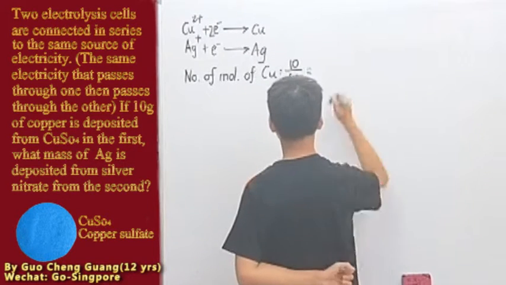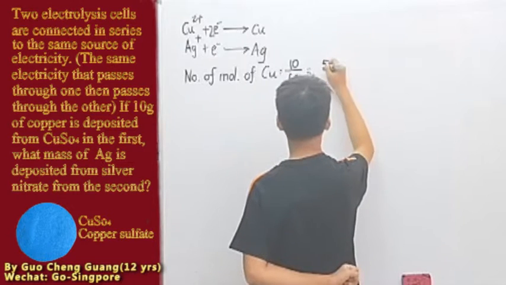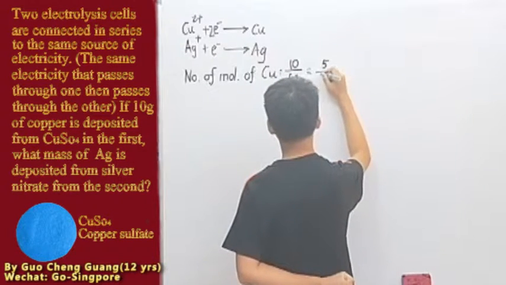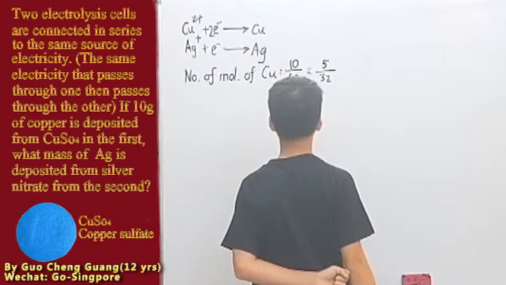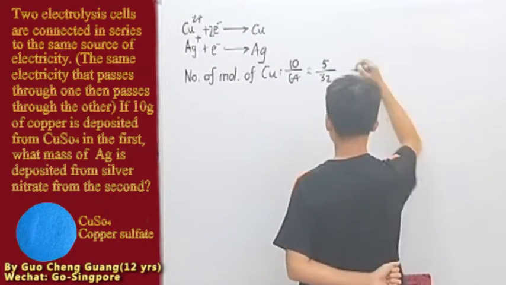When you simplify a little bit, you get 5 over 32. So here is the number of moles.